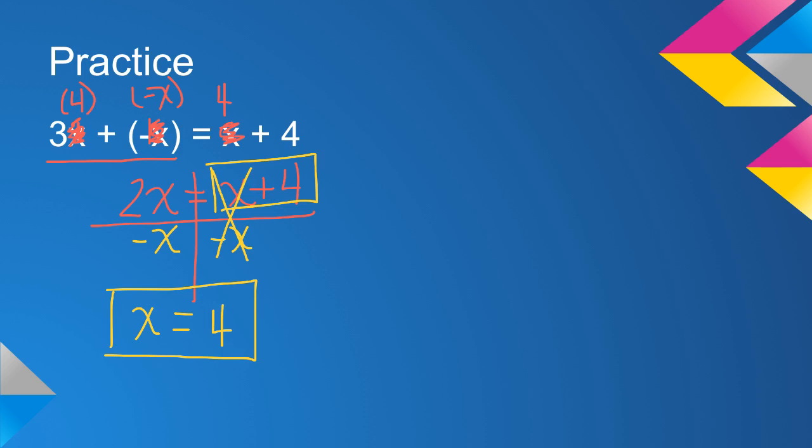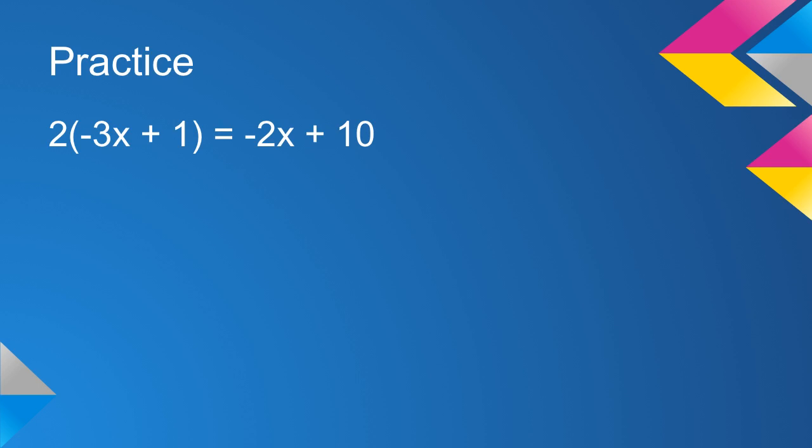So we have 12 plus negative 4 on the left side, and we have 4 plus 4 is 8 on the other. That works out. x equals 4 is my solution.